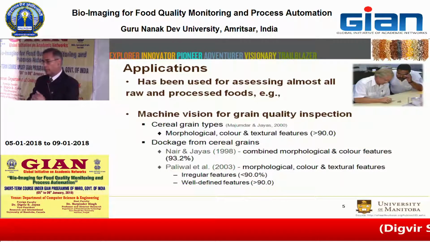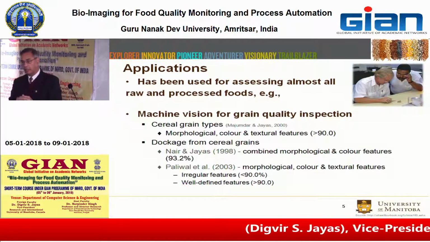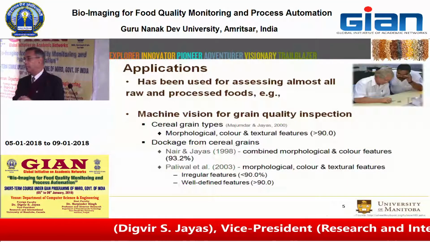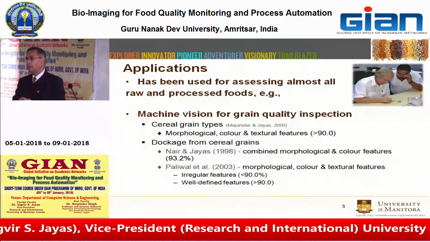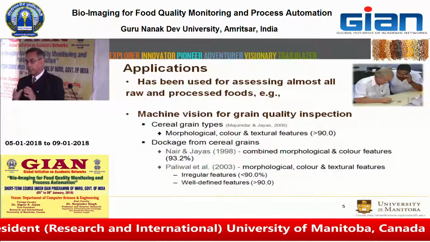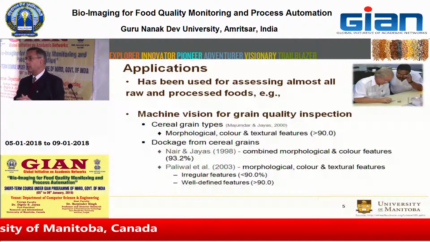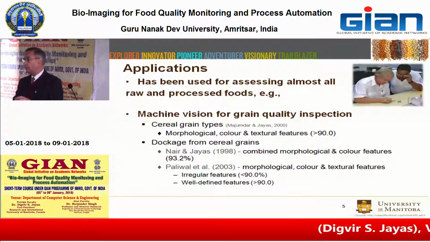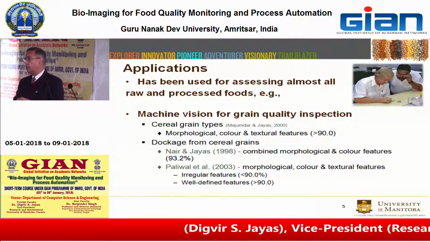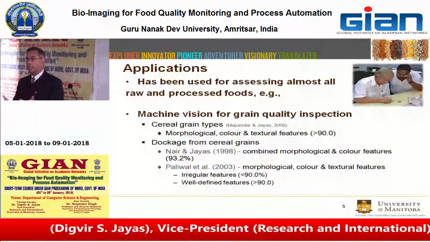Also, for the sensing applications of the visual spectrum, I would say almost anything you can think of in the area of assessing the quality of the raw or the processed food, visual spectrum research has been done, or people have at least investigated the idea.